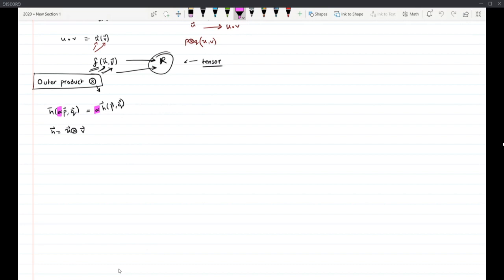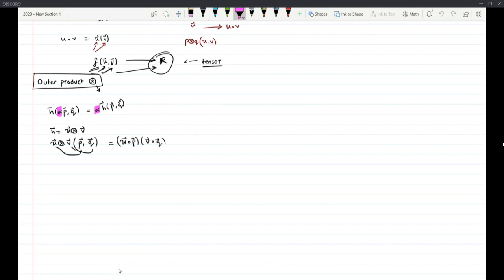And to H, I'm going to feed in two vectors P and Q. If you remember, the formula for the outer product is so simple. I'm just going to dot the first one and dot the second one. So U dot P times V dot Q, right? That's our outer product.